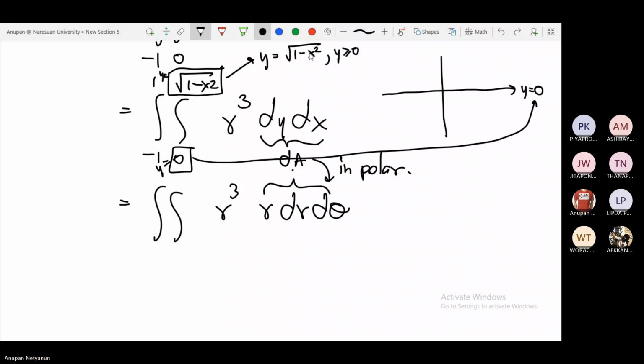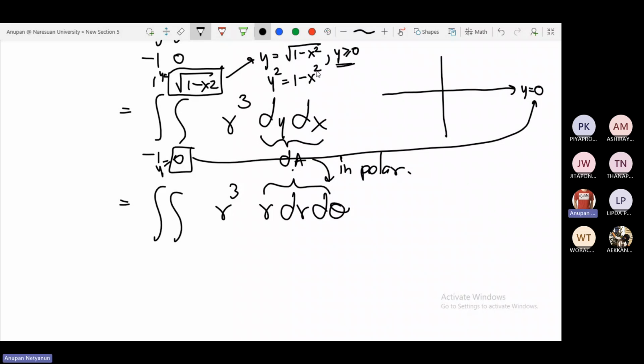Why do we need this condition? Because I want to get rid of this square root, I'm going to square both sides. When I square something, I'm going to change the value, right? Let's see what I mean. I'm going to do y squared equal to the square of the right side, I have 1 minus x squared.